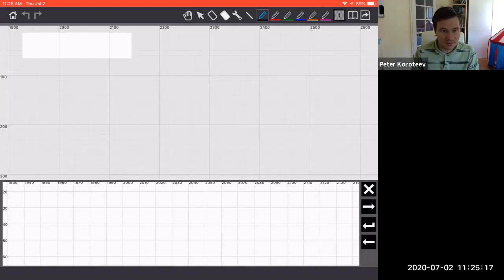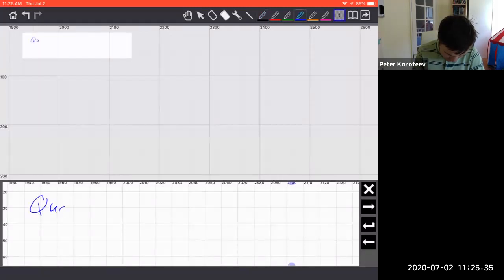I think we can make some plots in Mathematica. Okay, good. So let's do quadratic surfaces.